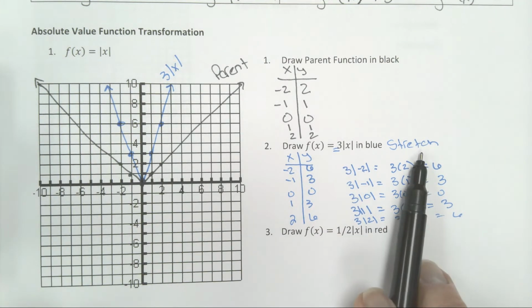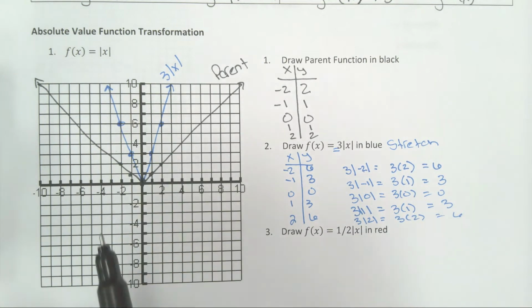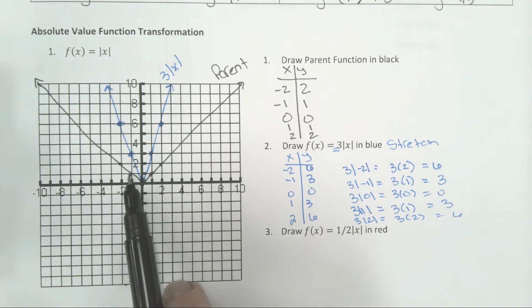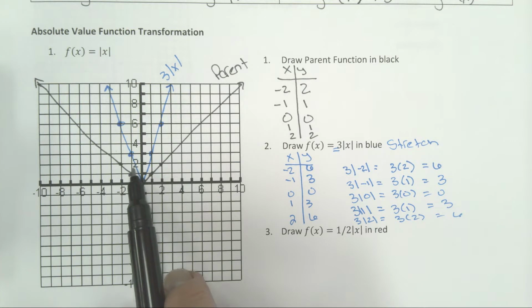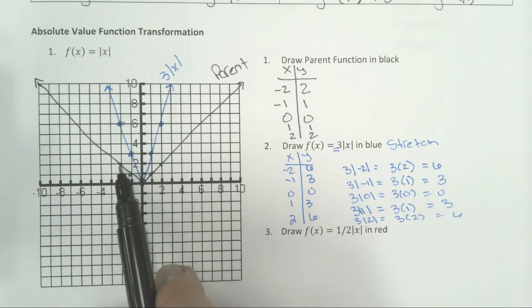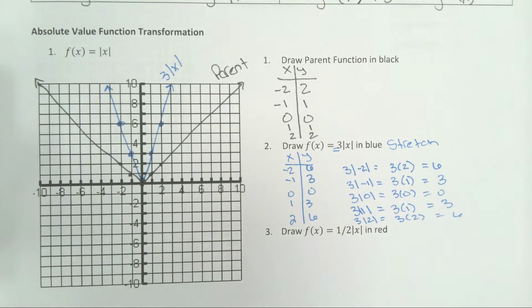So when you stretch, that's why I say it kind of gets tall and skinny, because you take all of these y values and you're multiplying or stretching them up instead. Here's where the 1, 1 point was, but I had to multiply it by 3. At 2, 2, I had to multiply it by 3, so that stretched that point up to 6.